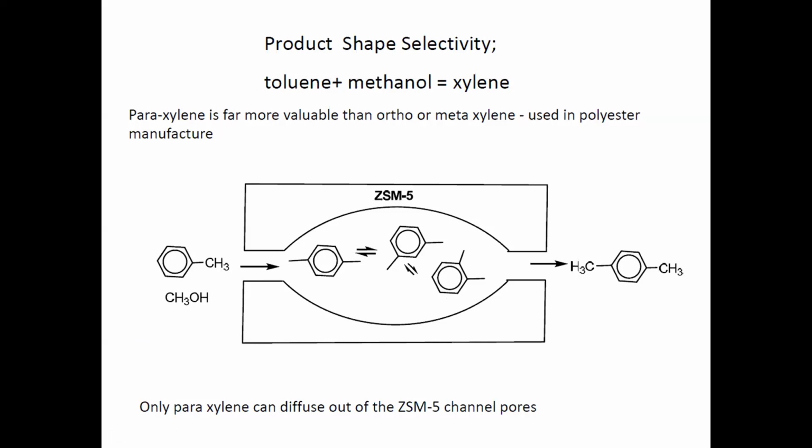But you see, orthoxylene and metaxylene cannot come out because the window is small, so they will remain there, and then they will again undergo rearrangement. So ortho will become para, and meta will also become para, and then they will come out. So the product you get is exclusively paraxylene.